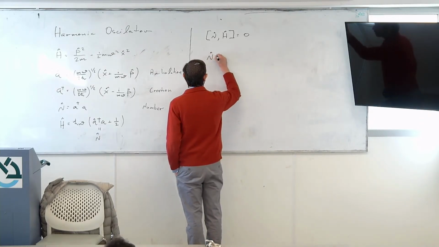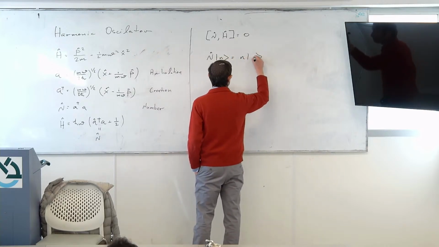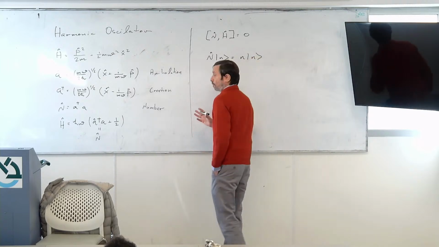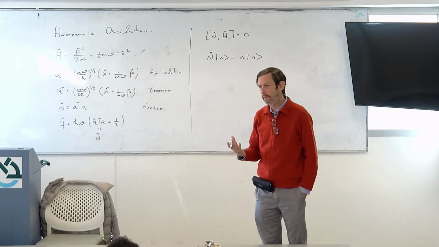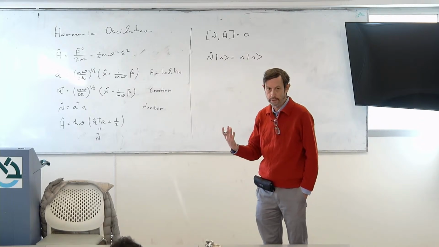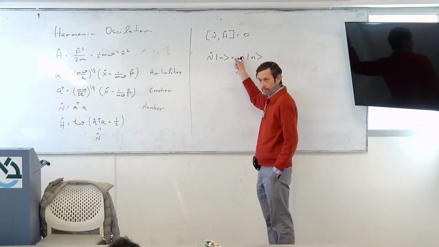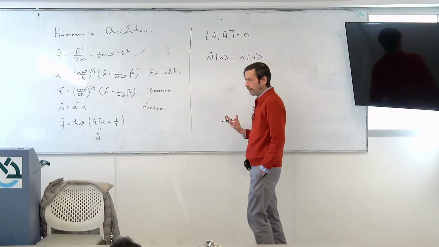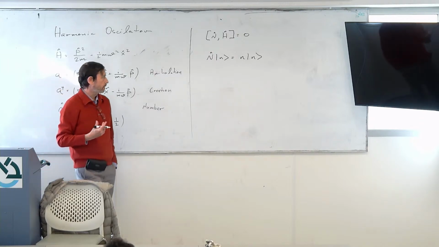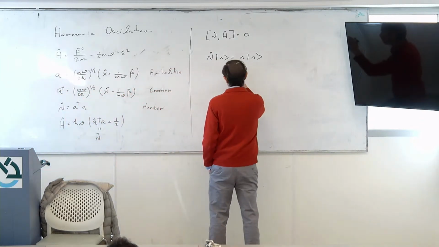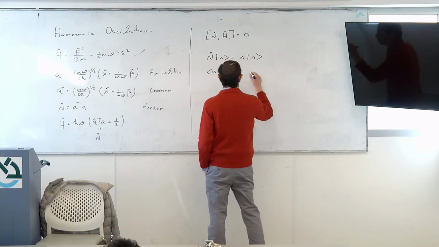Now I'll just express it in a formal language. If we operate on some eigenvector n, I didn't define yet what it is, we'll get some eigenvalue and the corresponding eigenvector. So that's our goal. And if it's indeed an eigenvector, of course it has to fulfill the orthogonality condition.